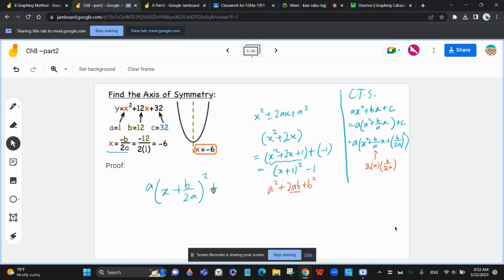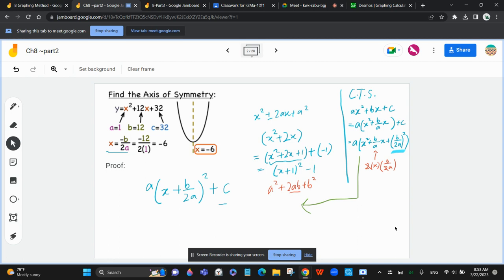Okay, so from here to here, we will get x plus b over 2a squared plus c, but we need to take away the term that we added.